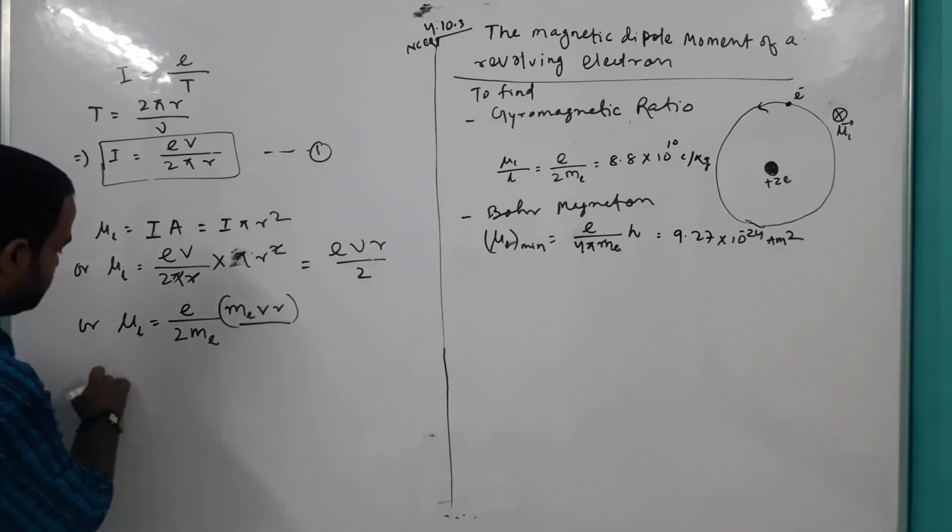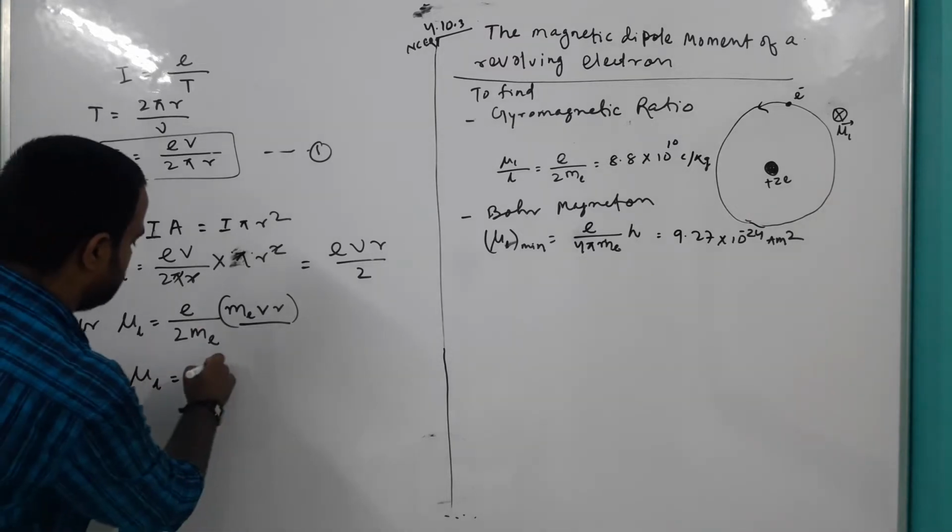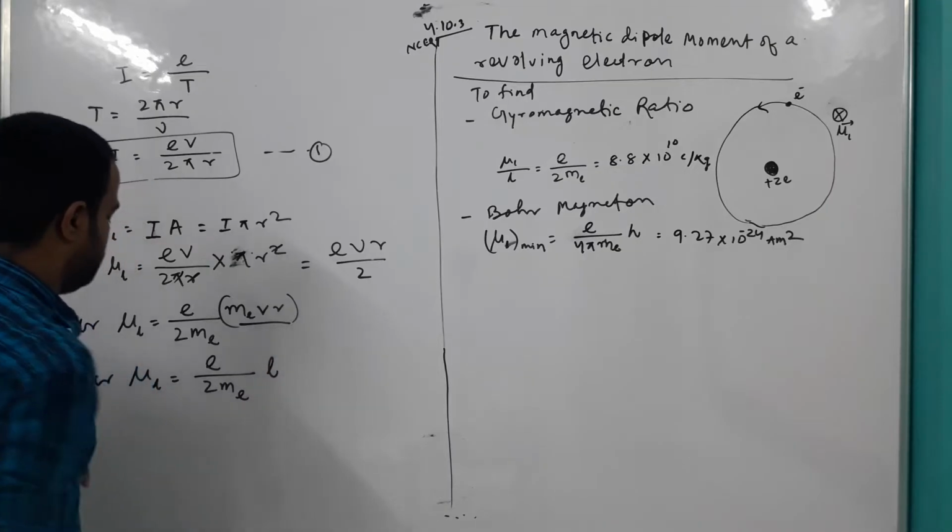So we can write mu L is equal to e upon 2 m e times L.